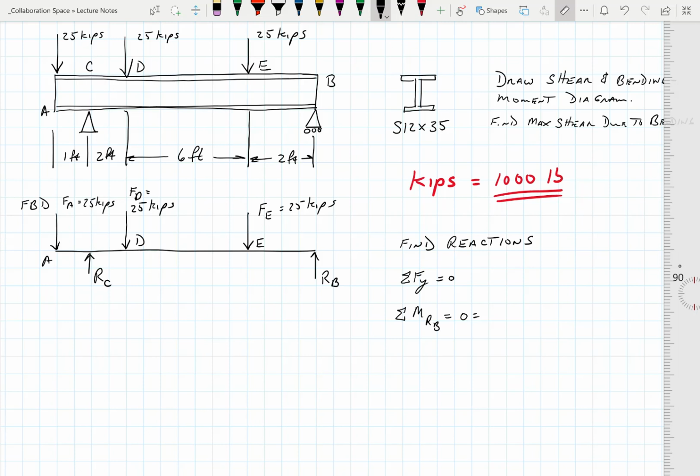Okay, all right, so let's do this. About RB, so everything about this. Going this way, we have FE at 2 feet. Okay, and wait a minute, before we do this, we need a direction so we know whether it's positive or negative.